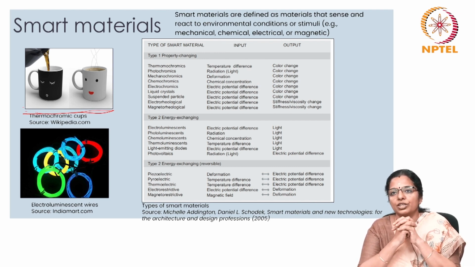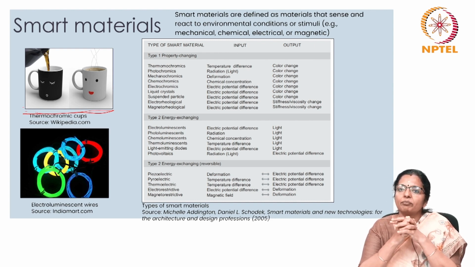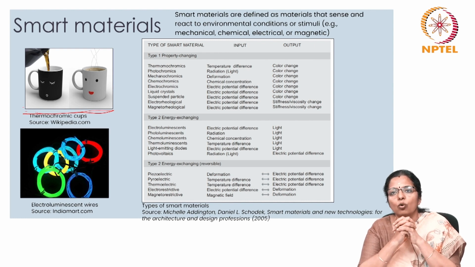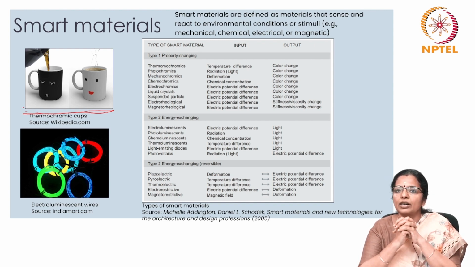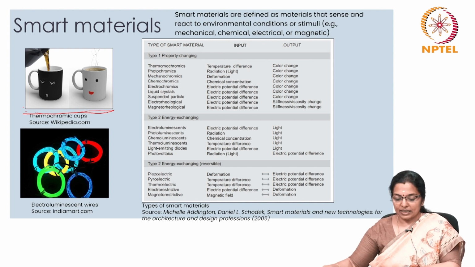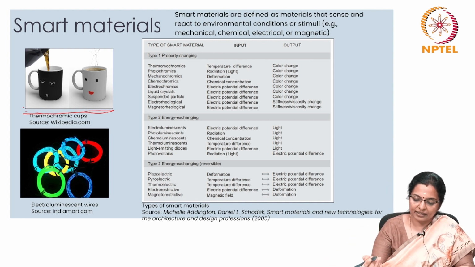Many of the production technologies developed have allowed many smart materials that were heretofore only laboratory curiosities to become usable to the design community. There are many types of smart materials which can be classified on the basis of their input-output reaction. Now, they can be classified or listed like this.